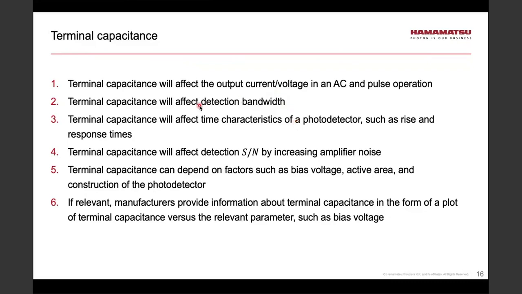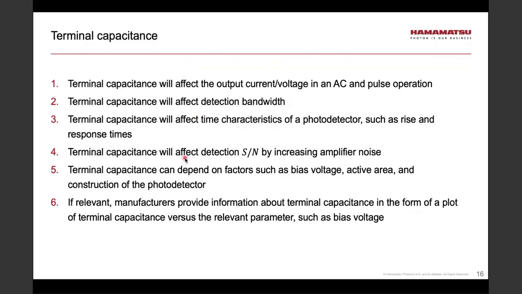The next effect of the capacitance is its effect on the detection bandwidth. We'll say more about this shortly in this presentation. Because of that effect on the bandwidth, the terminal capacitance will affect time characteristics of a photodetector, such as rise time and response time.